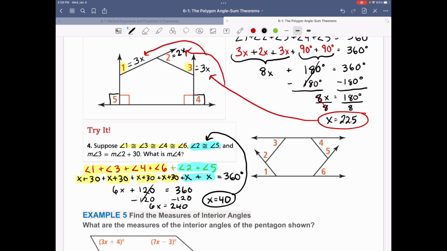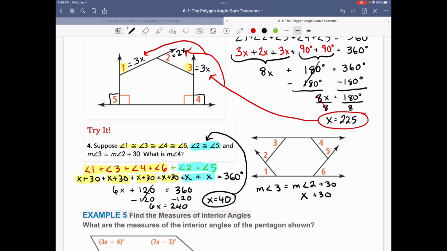But remember that the measure of angle 3 is equal to the measure of angle 2 plus 30. That was given to us in the problem. The measure of angle 2 we called x.